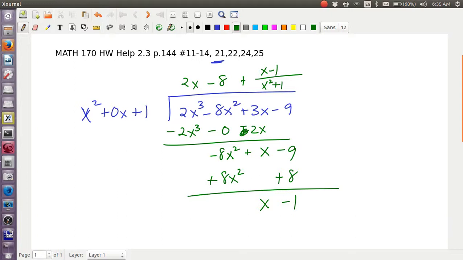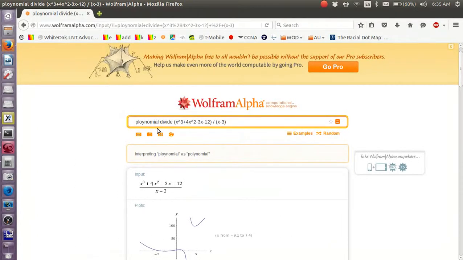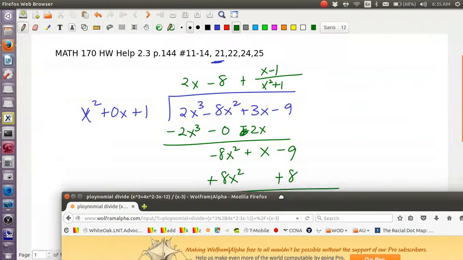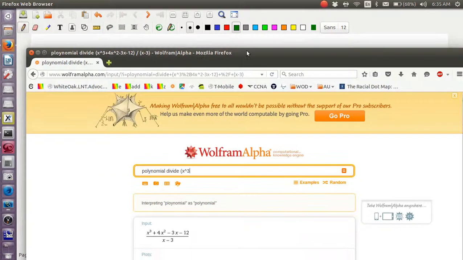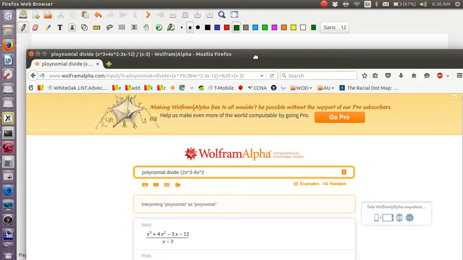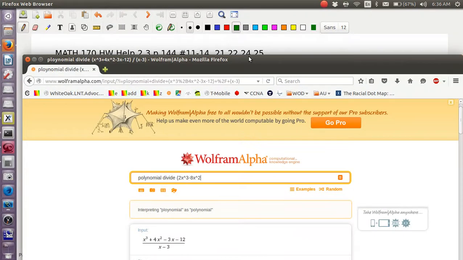So let me go ahead and see what Wolfram Alpha says. So what was it? It was 2x cubed minus 8x squared plus 3x minus 9.